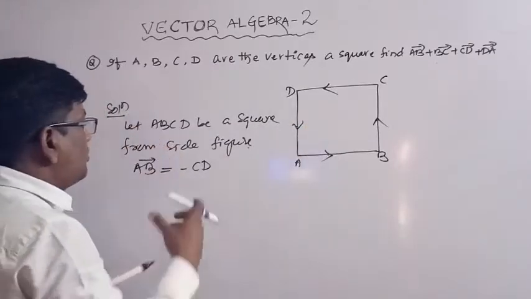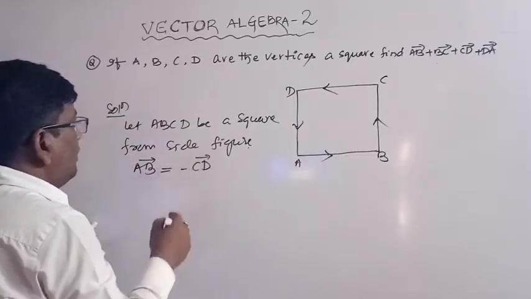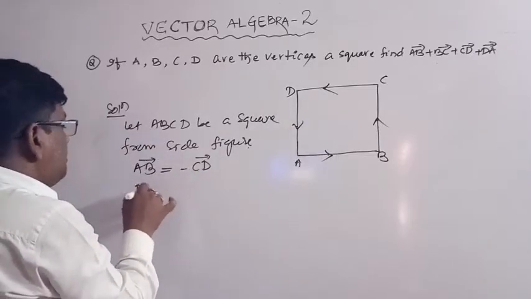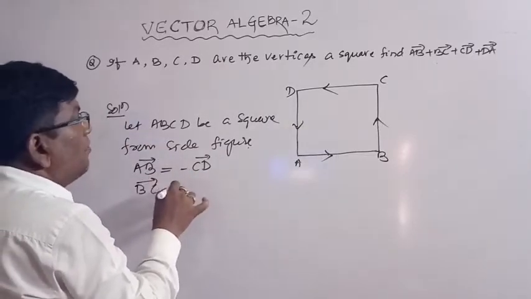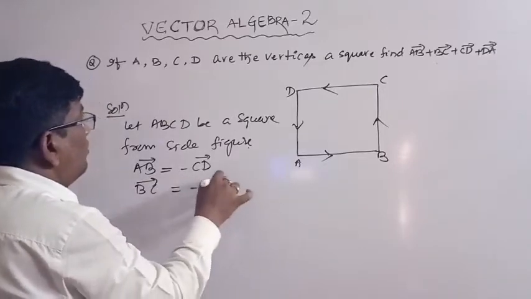So AB is equal to minus CD, and BC is equal to minus DA.